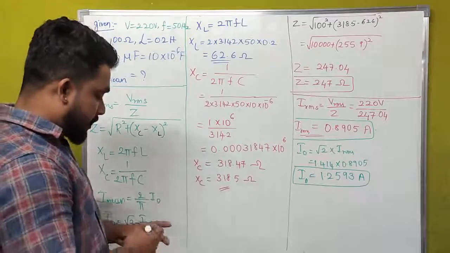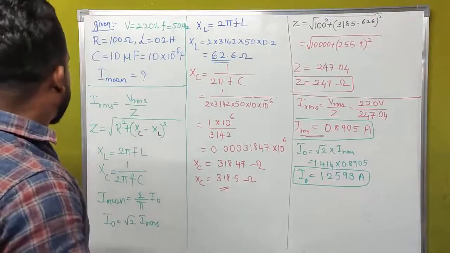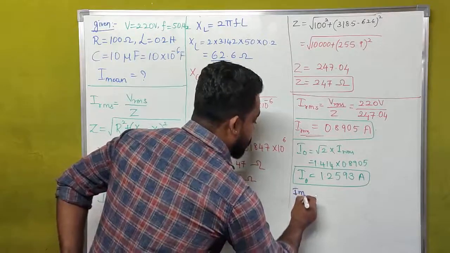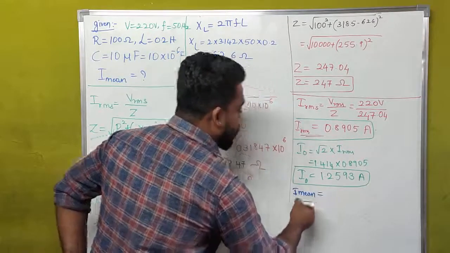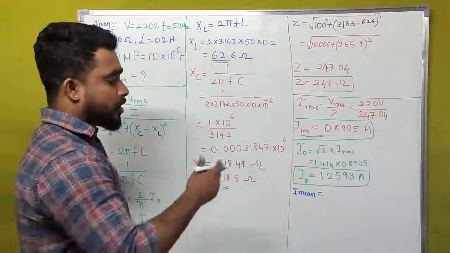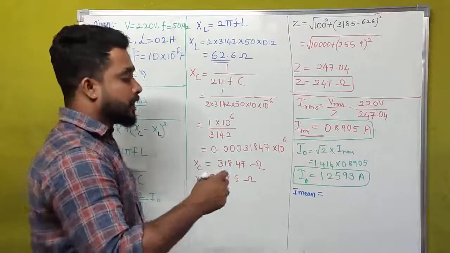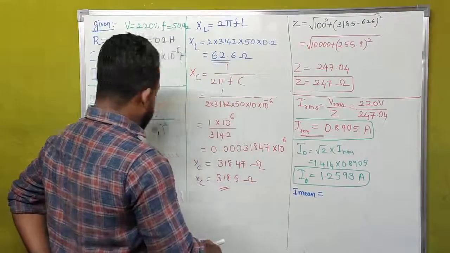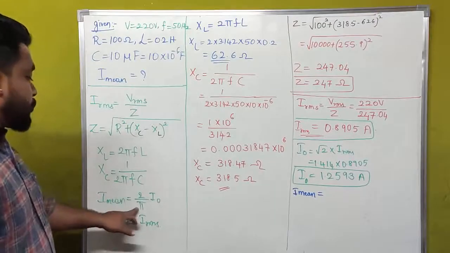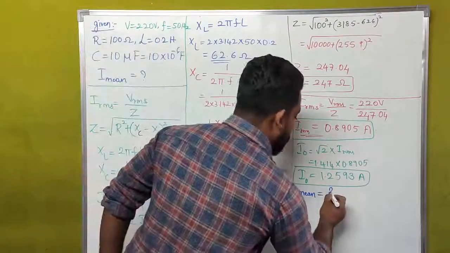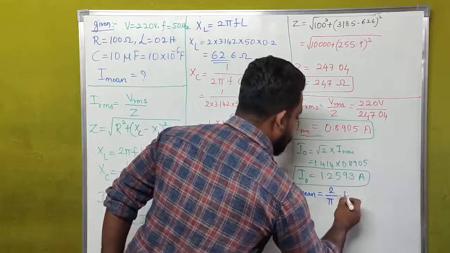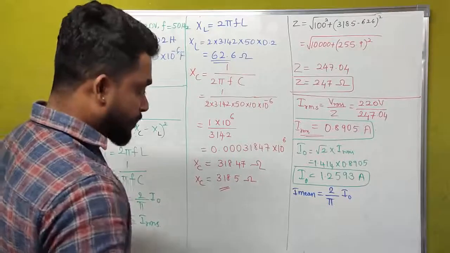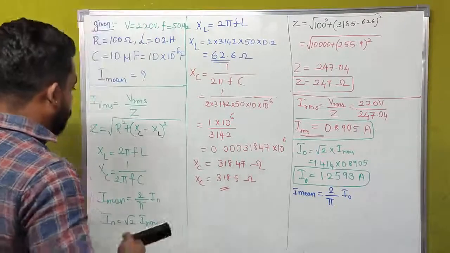Now, the last thing is I mean. What is the expression for I mean? That is I mean, or you may write that as IM. IM means I mean, or I average. I mean is equal to what? That is 2 by pi into I naught. 2 divided by pi into I naught. What is the value of I naught here?